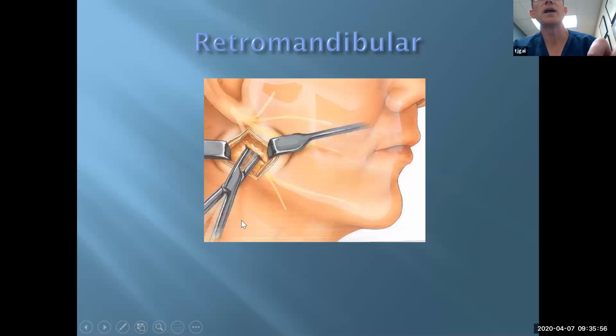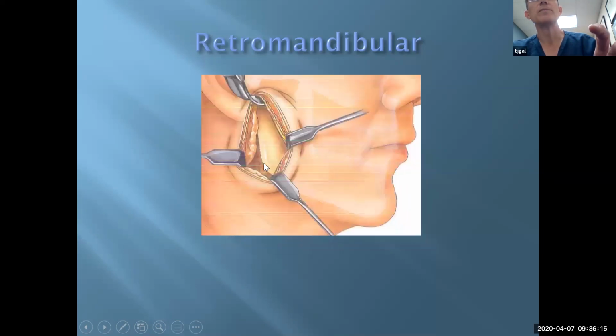It's sometimes beyond me, but it's a well-described approach and is used regularly by particularly oral surgeons, which is fine, and they get good results because you're basically dissecting down between branches of the facial nerve through the masseter and parotid down to the mandible.